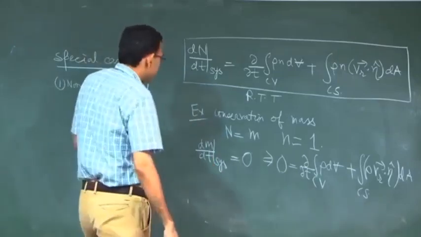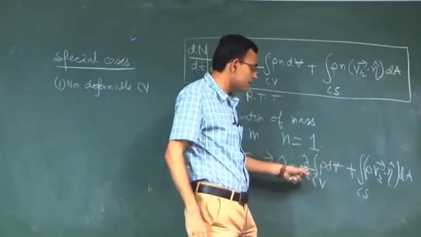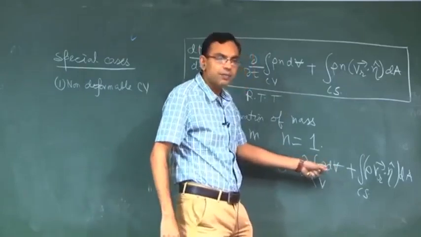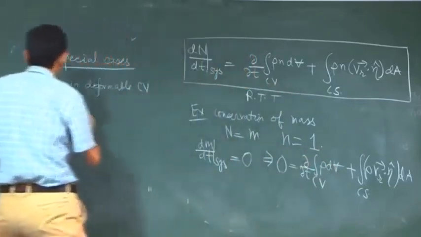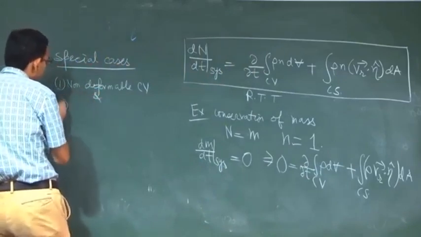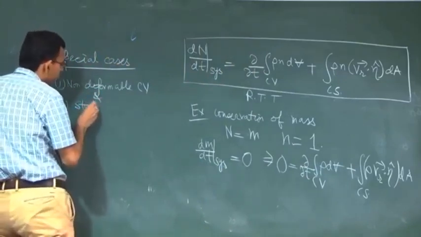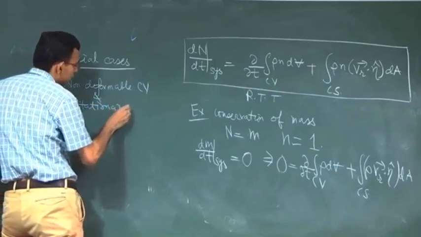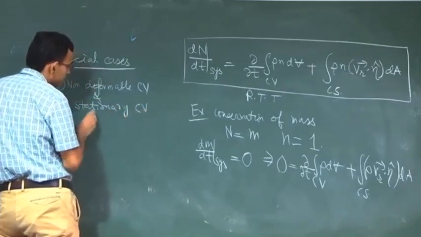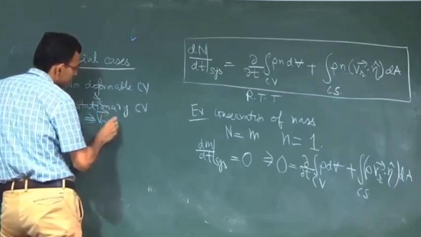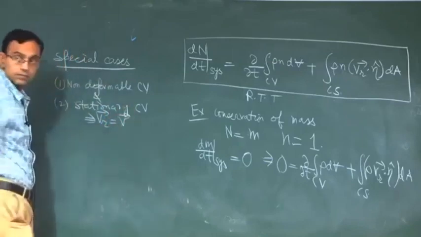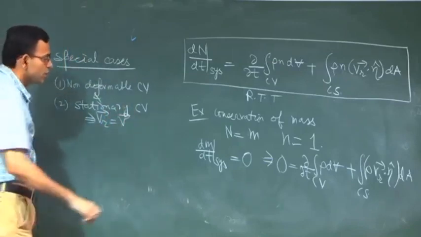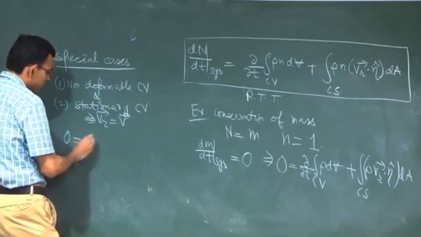But just for the sake of this, if V is not a function of time, we can take this time derivative inside, that is number 1, and number 2 is a stationary control volume, so that B relative equal to V. So, then you are left with this.